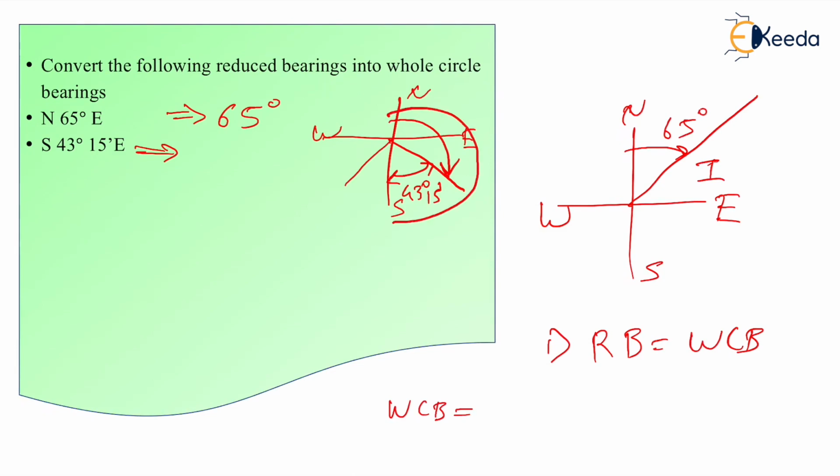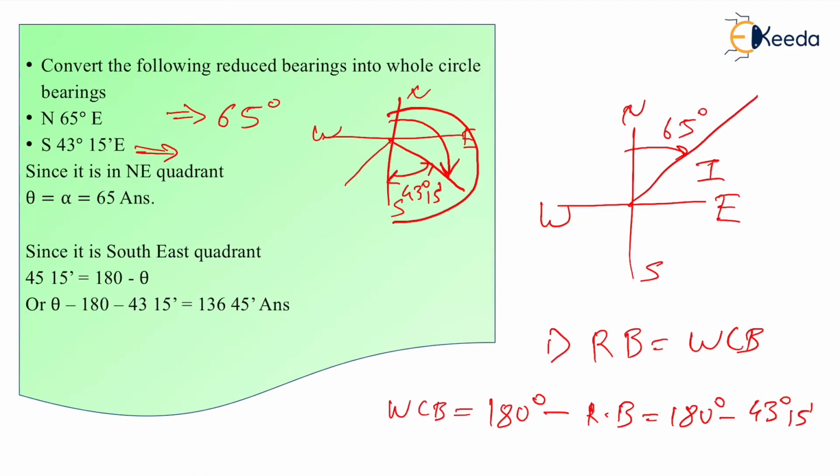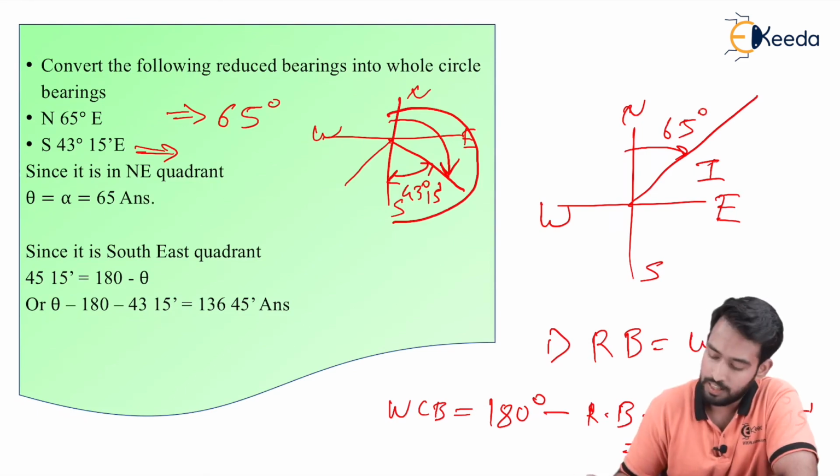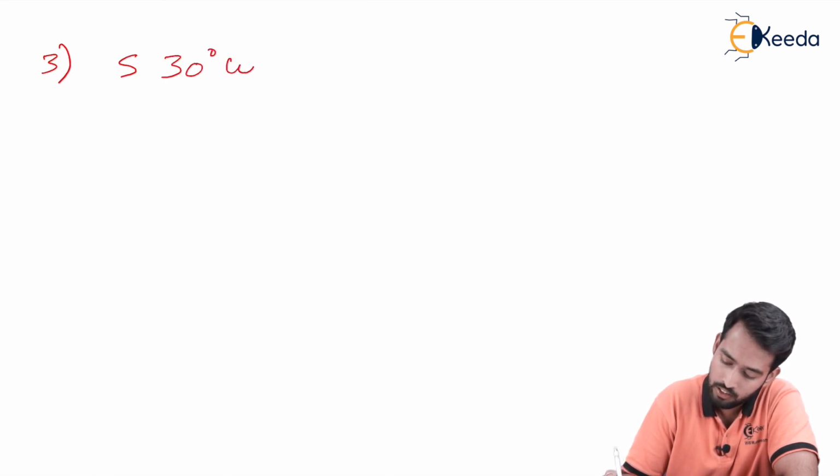Total angle, which is 180 degree minus your RB. That will give us the answer 136 degree 45 minutes.